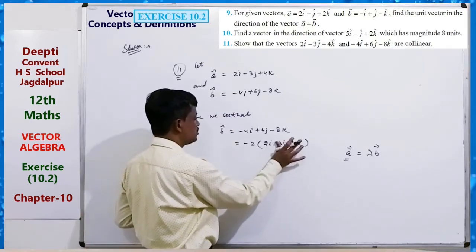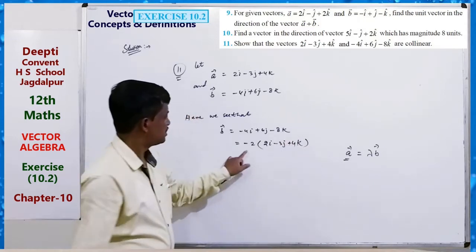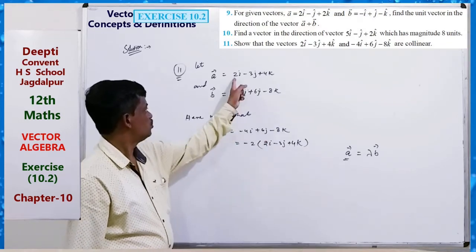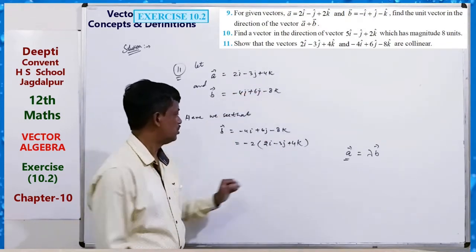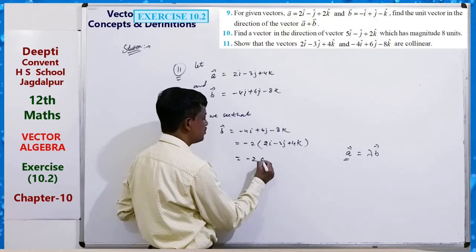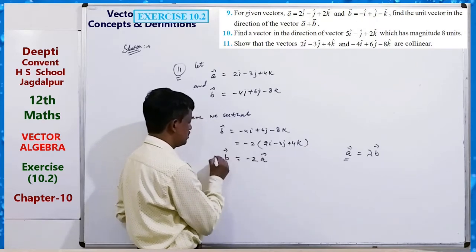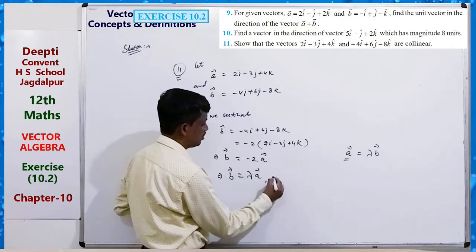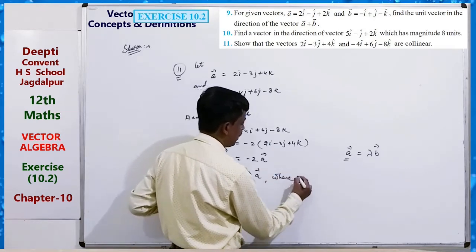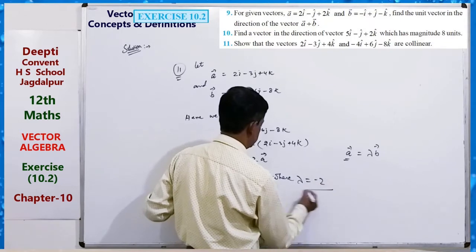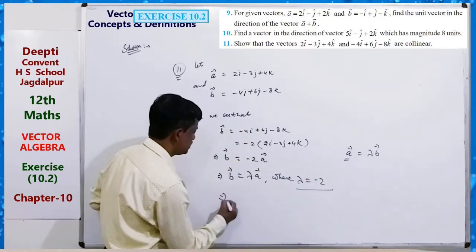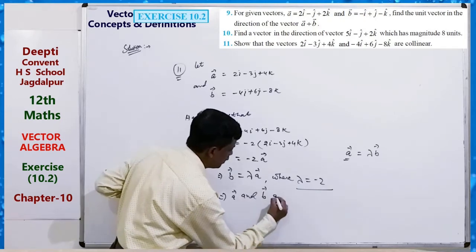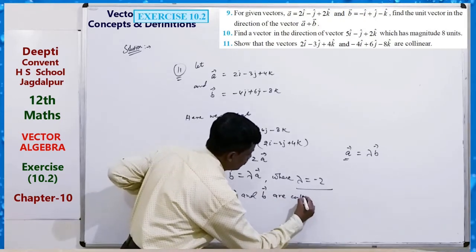Minus 2 is common, so we can write minus 2 times 2i minus 3j plus 4k, which is minus 2 times vector a. So vector b equals lambda a, where lambda equals minus 2, which implies vectors a and b are collinear.